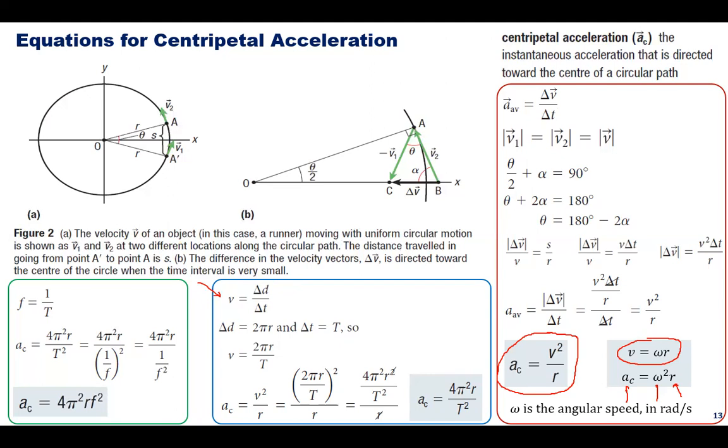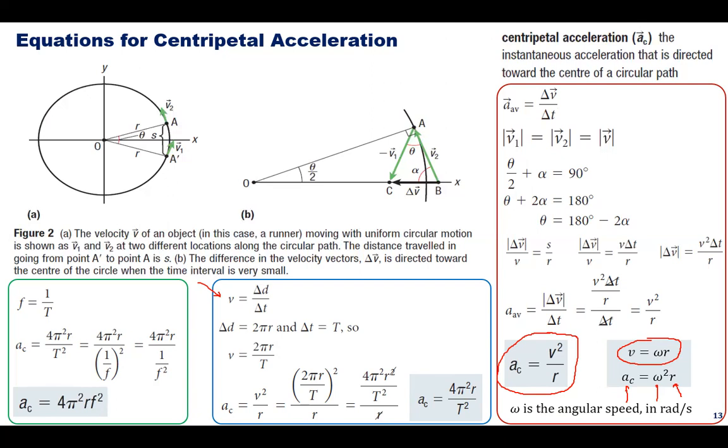The linear speed, or just abbreviated as speed. Well, in uniform circular motion, when we talk about speed, by default, we mean the linear speed, okay? Otherwise, if you want to mention the angular speed, you should specify that it's an angular speed.